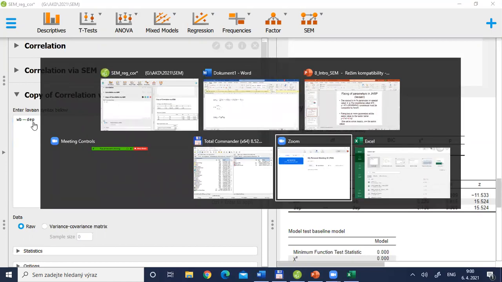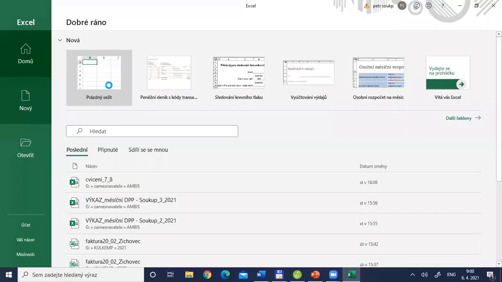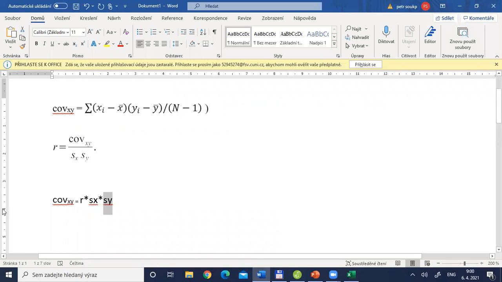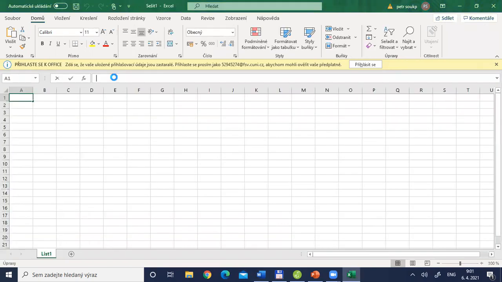So I would use, for example, the Microsoft Excel environment for this computation. Maybe for simplicity, I would copy the formula which I have just prepared to see it in Microsoft Excel. So I will type it here, make it bigger.